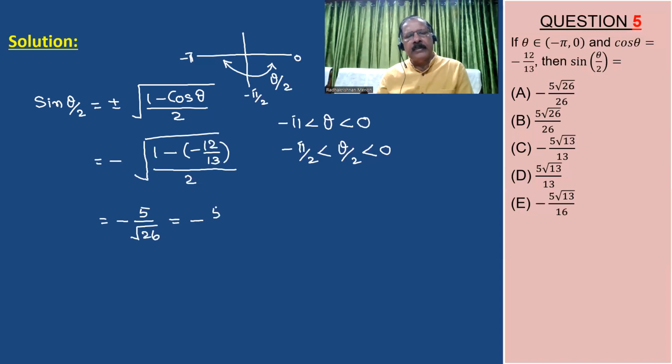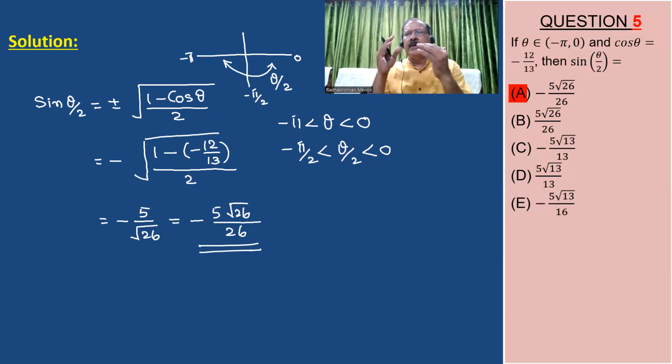So minus 5 root 26 divided by 26. So which is it? Option A. Okay. So you should be very much comfortable with all the identities which is in trigonometry, from given trigonometric function, half angle form.